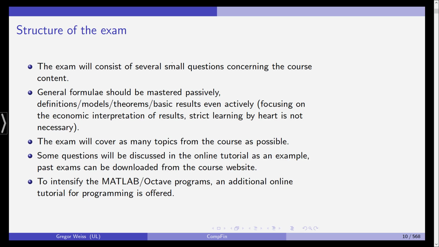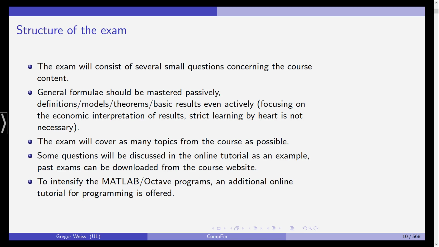The general formulas should be mastered passively. So if you're given a formula, you should understand it and understand what it's meant to do. Some very important definitions, models, and theorems you should sometimes be able to actively cite and reproduce. So strict learning by heart is not necessary.